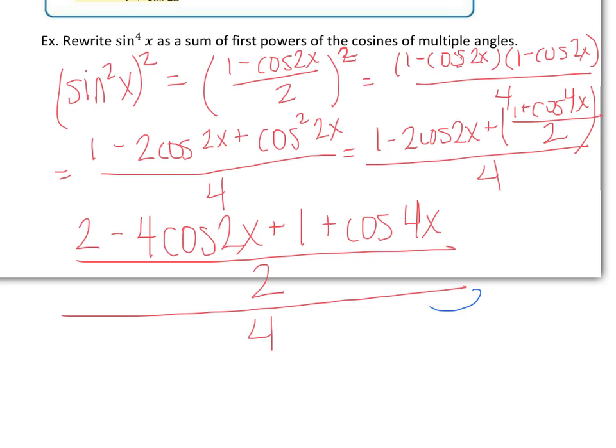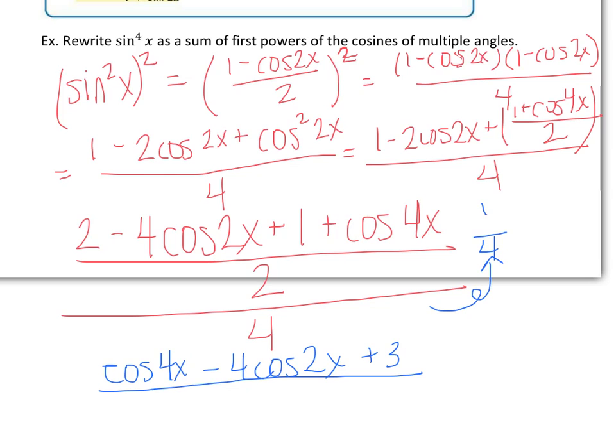Instead of dividing by 4, I'm going to multiply by 1/4. Do a little bit of combining like terms. Now I'm going to have, let's start with cosine 4x minus 4 cosine 2x plus 3 all over 8.